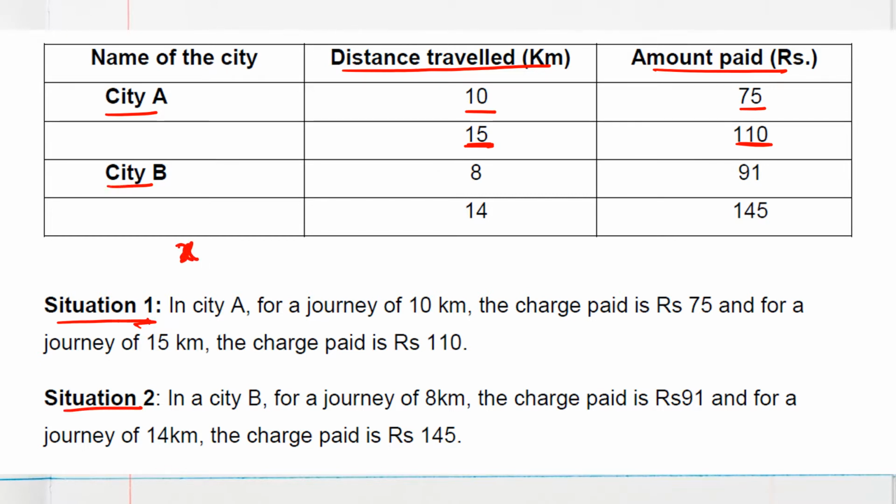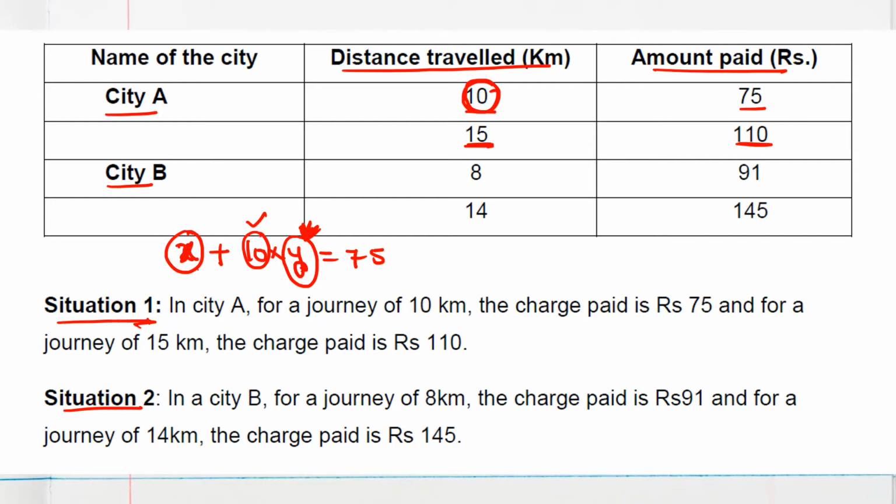So if we suppose the fixed charge as x, then the traveling charge means 10 into y equals 75. This is the fixed charge, plus the charge for the distance covered by the taxi. Sorry, y is not the distance, y is the cost, the rent of the taxi per kilometer if 10 kilometers is traveled.